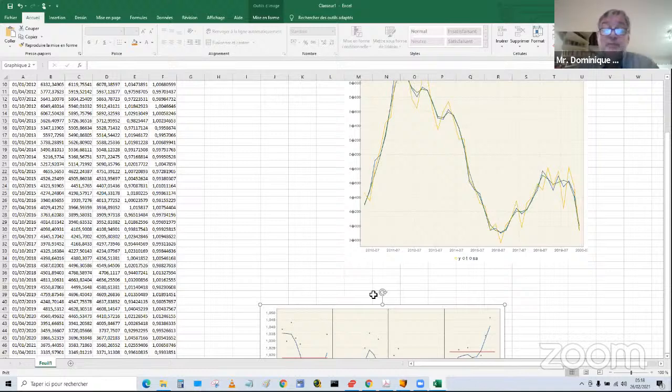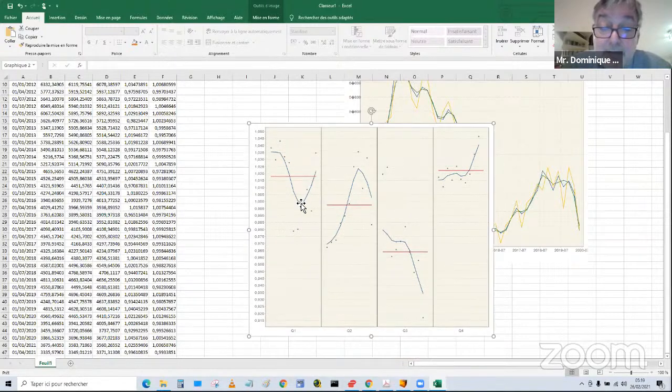So you can play with graphs and create your own graph if you want. But of course, deriving this graph from an Excel table is not an easy thing. To do an Excel macro that will give you this graph is complex.